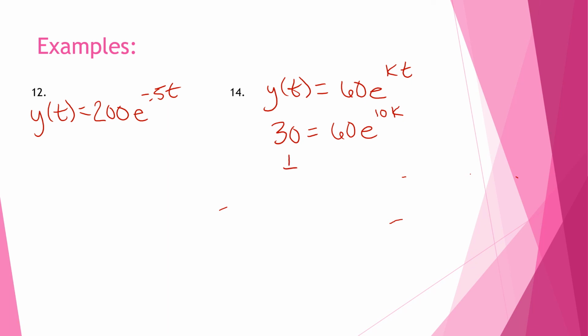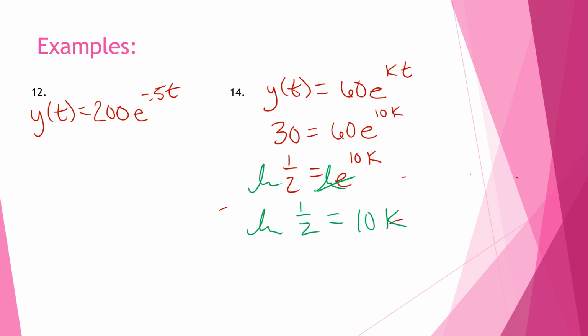When we solve this, we're basically looking at a half-life setup. In order to solve for k, I'm going to take the natural log of both sides. Now here's where it gets a little bit funky, and your number 13 is going to do the same thing. We end up with 10k.